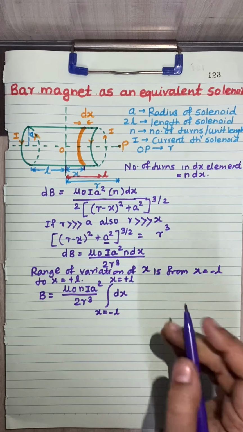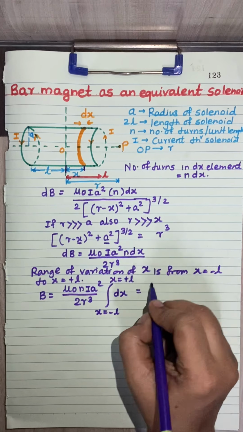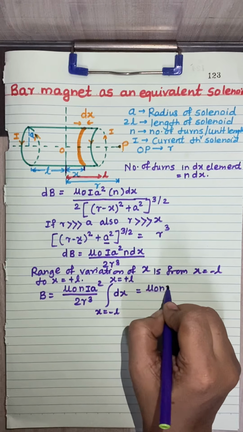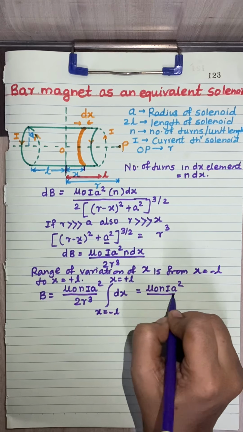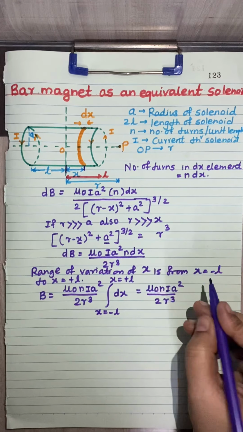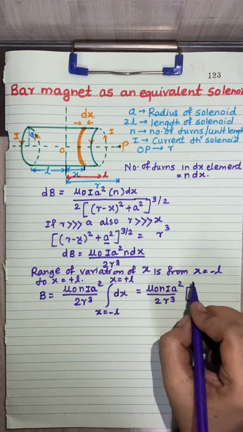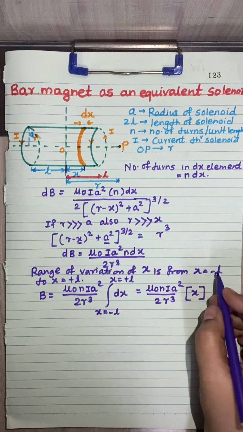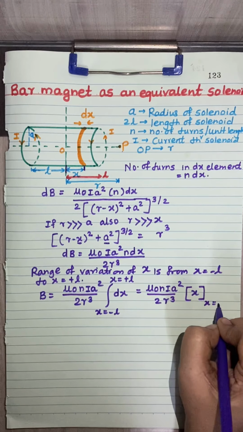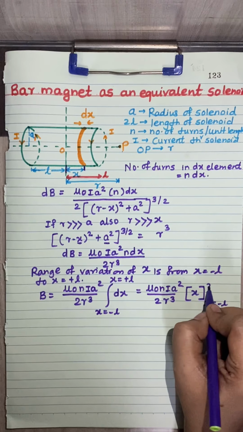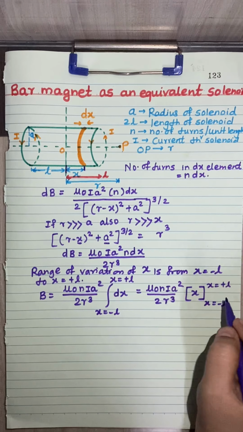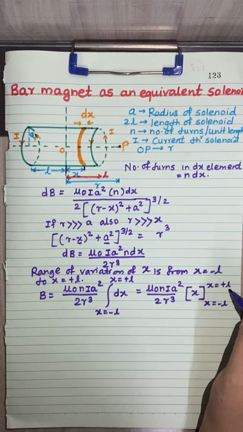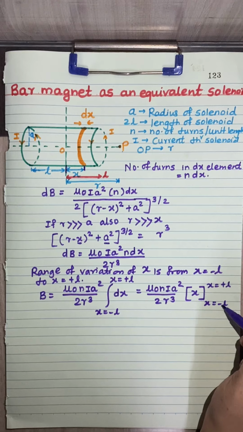Okay, so if we solve this integration, then we have mu naught N I A square divided by 2r cube, and integration of dx is x, isn't it? So integration of dx is x, and the limits are x is equal to minus L to x is equal to plus L. Okay, so upper limit minus lower limit, plus L minus of minus L is nothing but 2L.